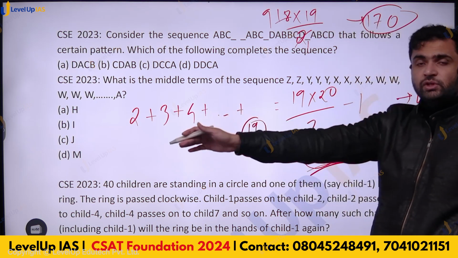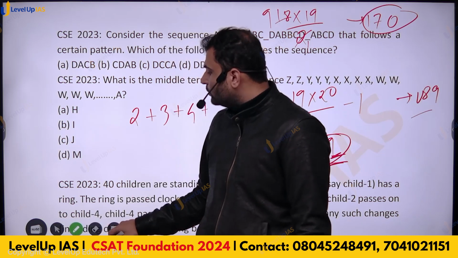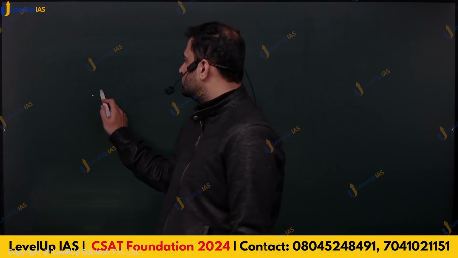If we start from Z and go till the 19th such letter, we have to go 19th from Z, where Z is the first one.